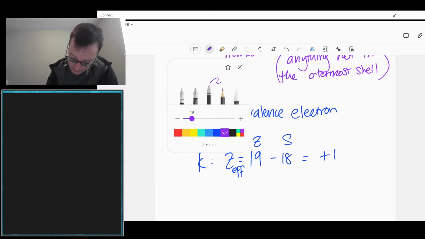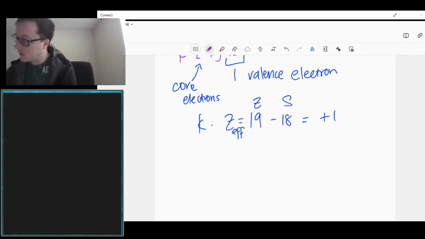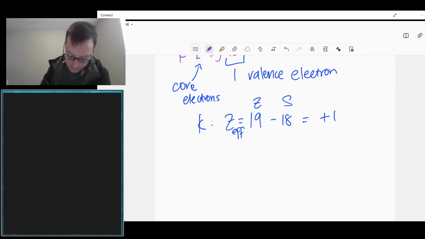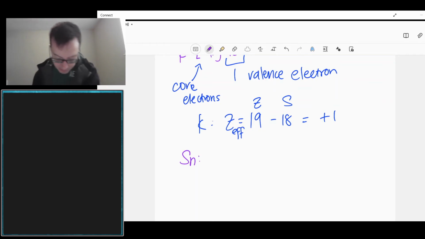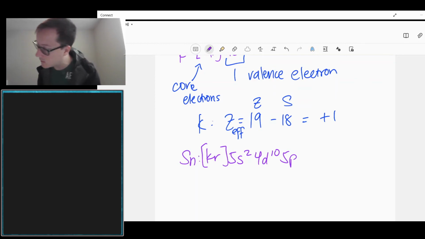We're going to see that with elements with d electrons. How about we look at tin here? So tin is going to be what? If you look at tin, its noble gas above it is krypton: 5s2, 4d10, 5p, what did I say, 2?